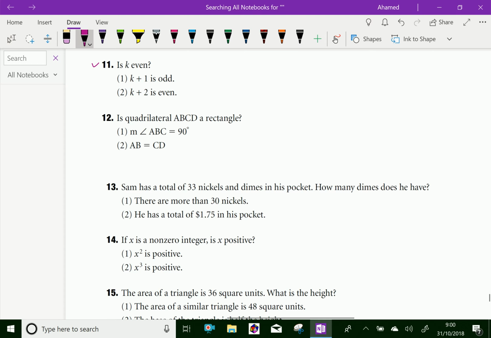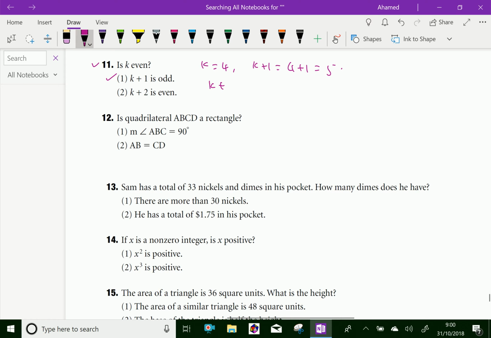If k is even, k plus 1 is odd. Suppose take an example, k equal 4, then k plus 1 equal 4 plus 1 equal 5. That is k plus 1 is odd. From that we can say k is even as well as k plus 2 is even.